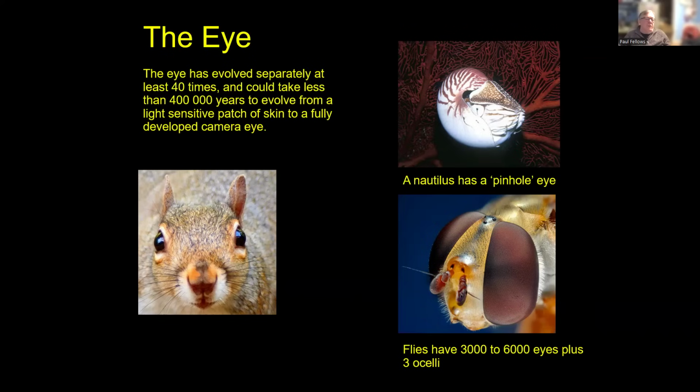We've got the little furry squirrel there with his eye very similar to ours. We've got a nautilus there, a much more ancient creature with a simpler eye. It's a pinhole, so no lens there, just a pinhole letting the light go in and fall to the back of the eye. And then flies with their individual array of 3,000 to 6,000 compound cells that are detecting light, forming a compound eye, a completely different way of doing it.